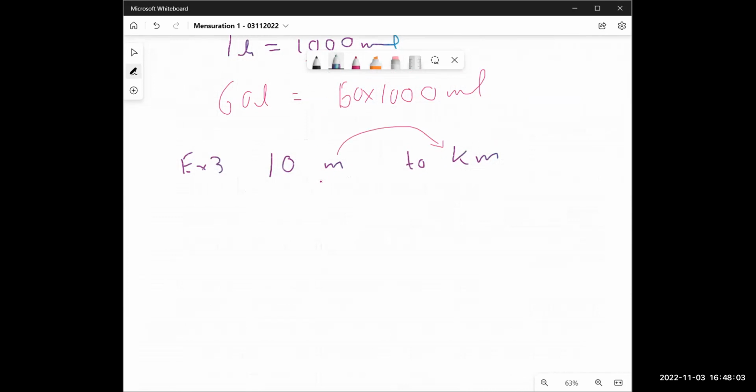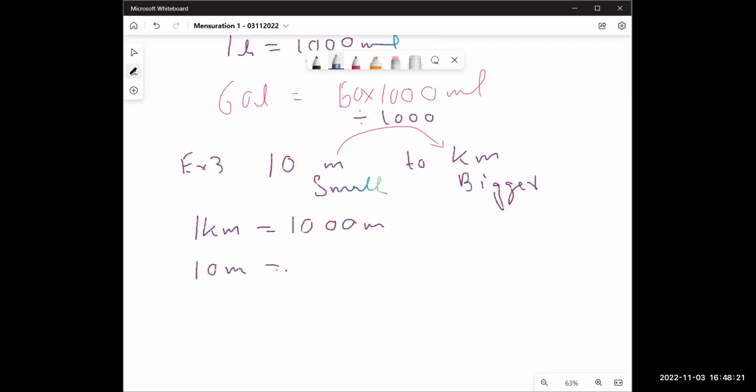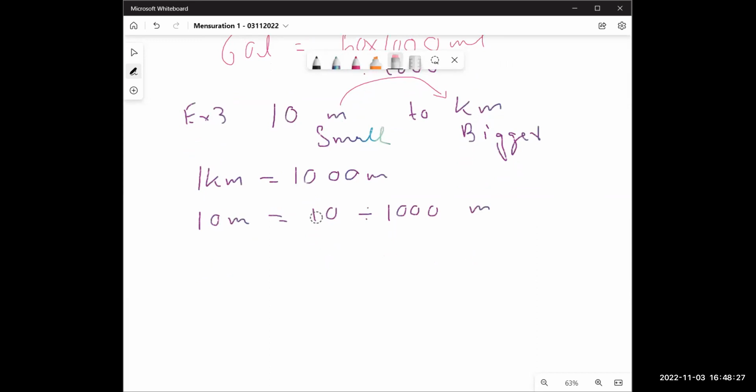So it's small to big. Meter is smaller, and that's bigger. So whenever you go small to big, you divide by how much? The rule: 1 km is equal to how much? 1000 meter. So we divide by 1000, and the answer is 10 divided by 1000 km.